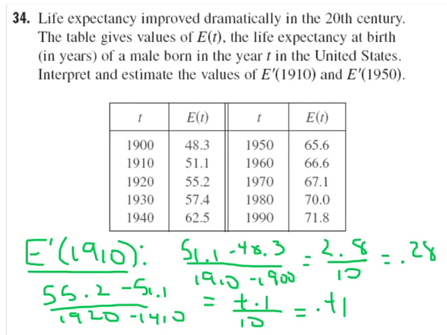So then for this, you would average the two of those, 0.28 and 0.41, and that's going to be 0.345, if you add those two and divide by 2.